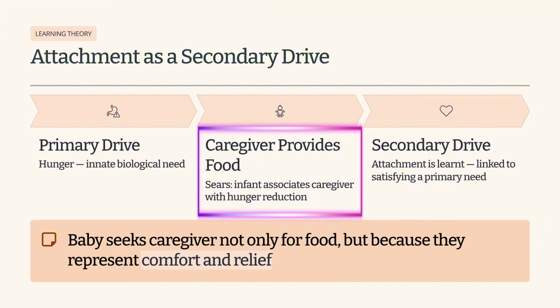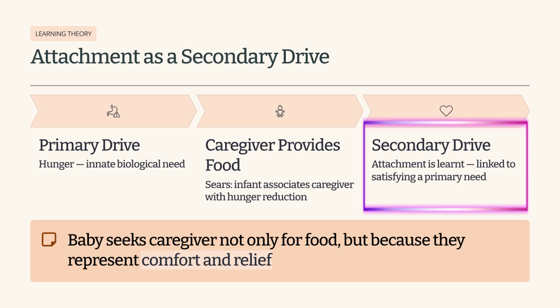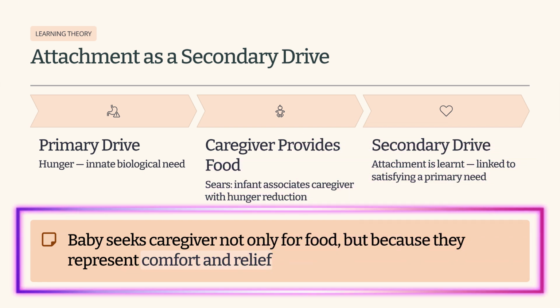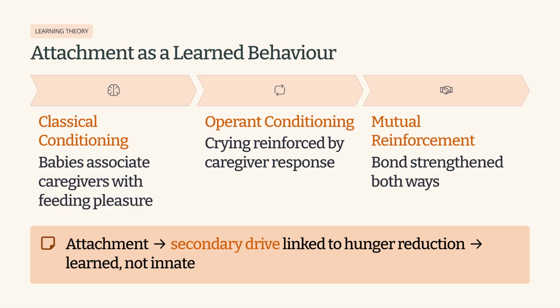Attachment, therefore, becomes a secondary drive, something learned because it is linked to the satisfaction of a primary need. In other words, the baby seeks the caregiver not only for food, but because that person has become associated with comfort and relief.